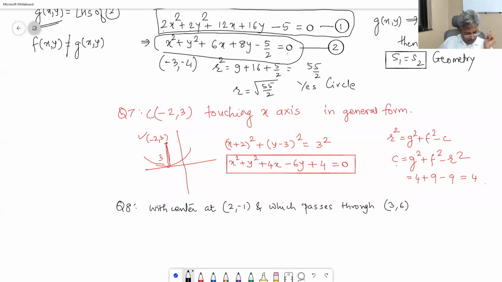Answer for this problem is x square plus y square minus 4x plus 2y minus 45 is equal to 0. You need to find the distance between these 2 points, and that is your R. Question 9.